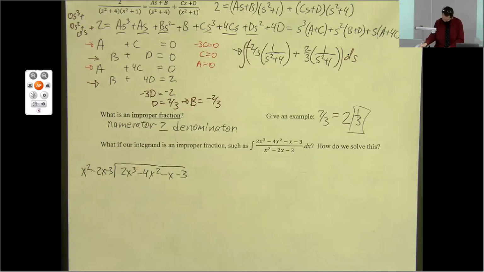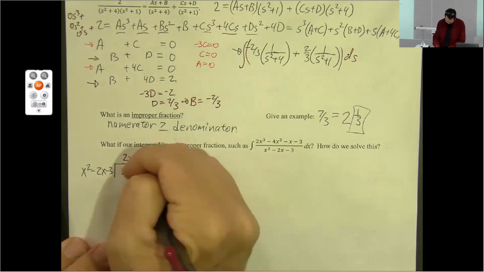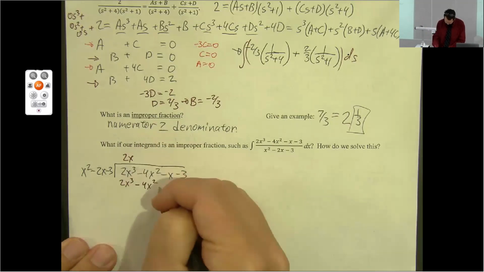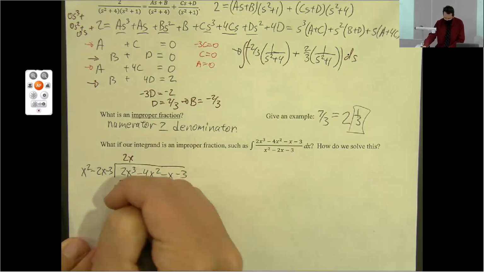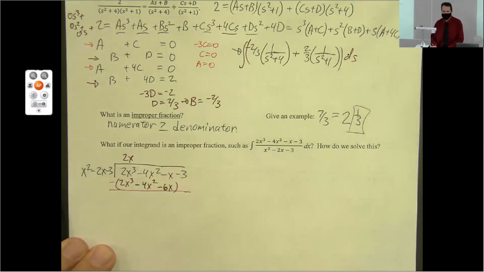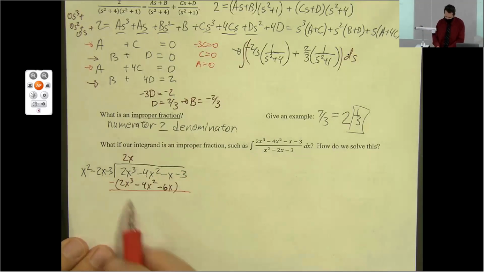So how do I make an x squared look like a 2x cubed? Times it by 2x. So 2x cubed minus 4x squared minus 6x. And please don't shortcut me here. This is where most students make the mistake. Write that subtract sign. By design, 2x cubed minus 2x cubed is 0x cubed.